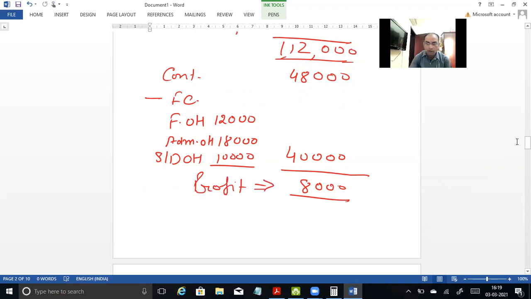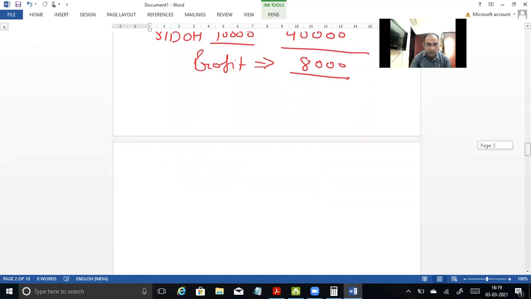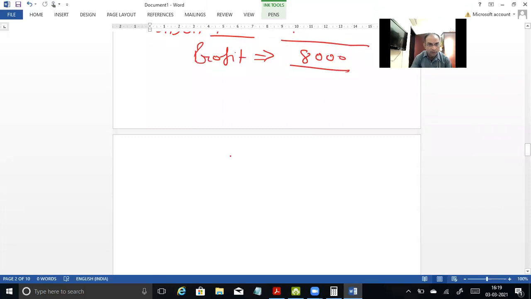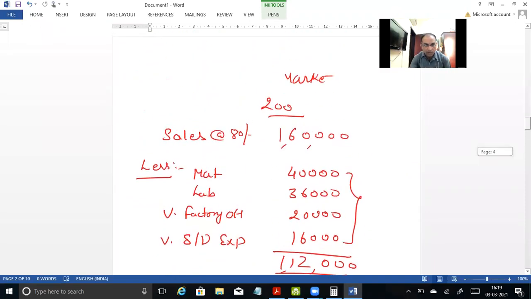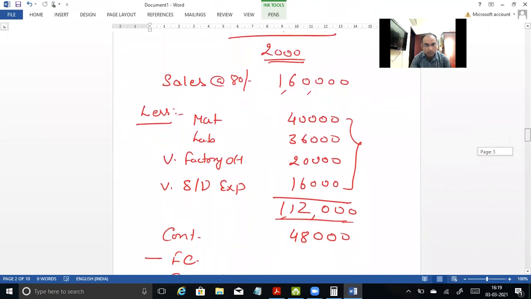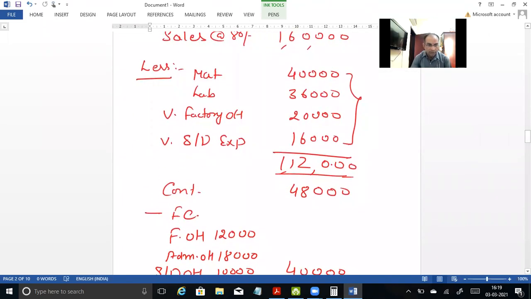Okay. Now, if we are selling in the foreign market, what would happen? Here we are selling at the rate of 65. The offer comes for 65. Our total variable cost was how much? 112,000.